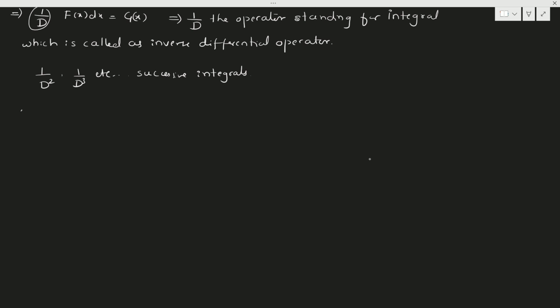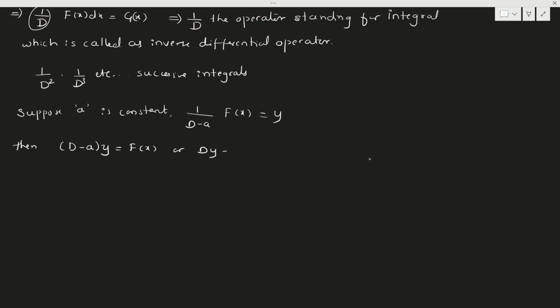One more thing you have to observe here. Suppose a is any constant, then 1 by (D minus a) f of x is equal to y. Then you can write this as (D minus a) y equal to f of x, or Dy minus ay equal to f of x.